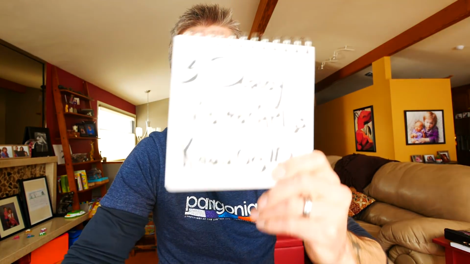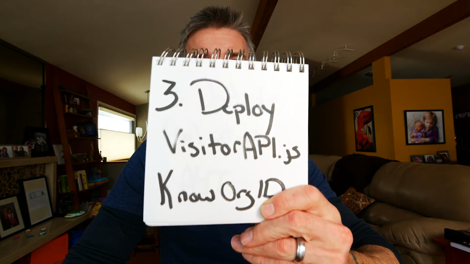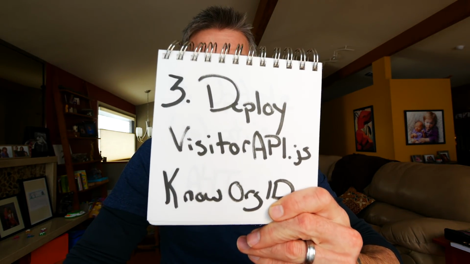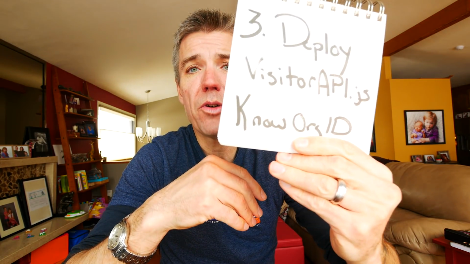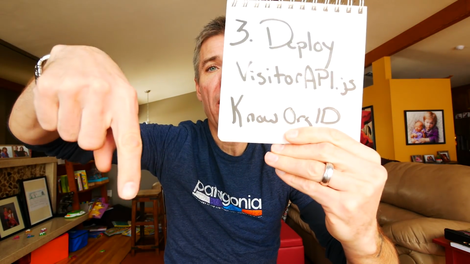3, deploy visitor API.js. To do that, you're going to need to know your org ID. Link below on how to find that. Org ID, as you may be aware based upon some of the earlier videos, is what is used to create the MCID.